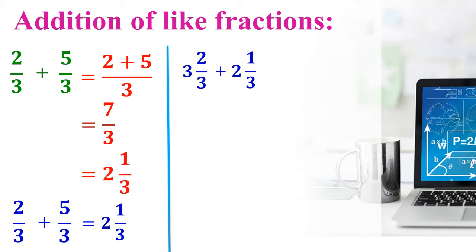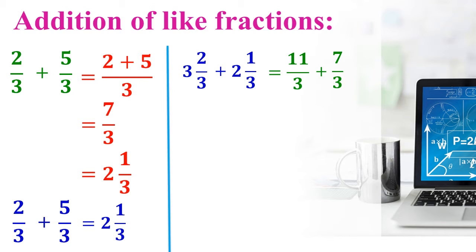So 3 and 2 by 3 is 11 by 3, plus 2 and 1 by 3 is 7 by 3.